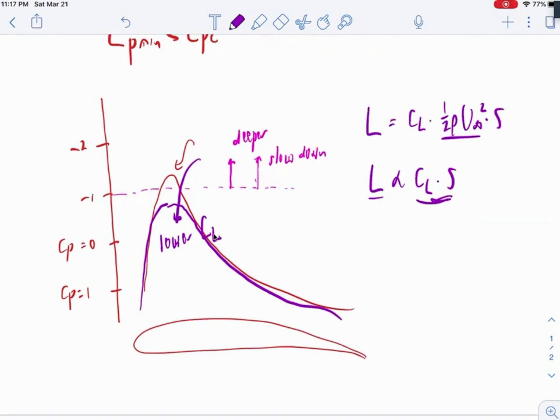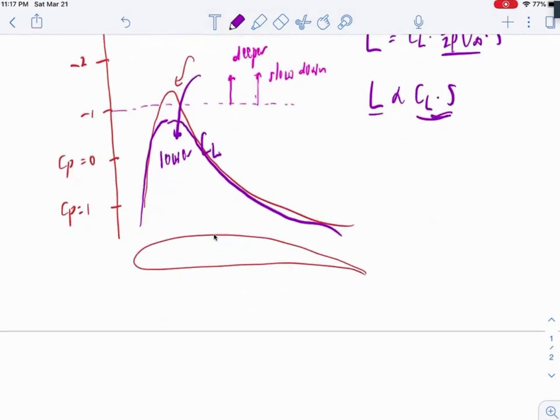And so commensurate with this is this sort of idea of what happens when you use thicker foils. Think about a very thin foil. It can produce a low level of lift coefficient without too much suction peak, because the fluid doesn't really have to accelerate too much to get around the edges.